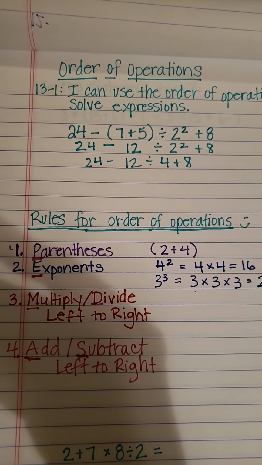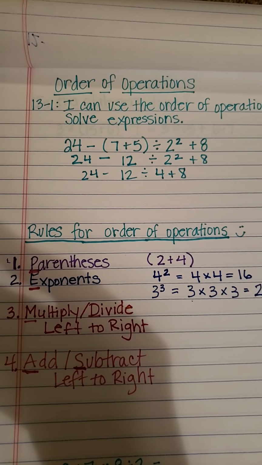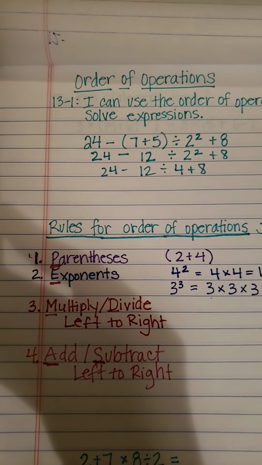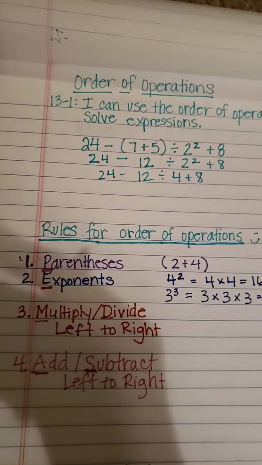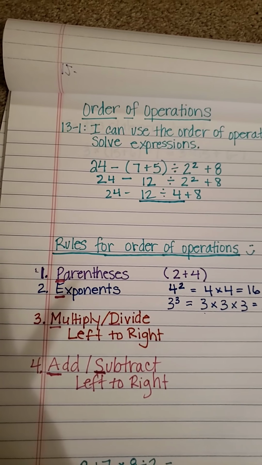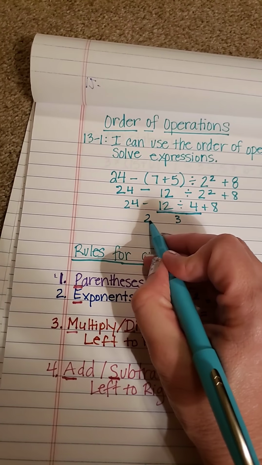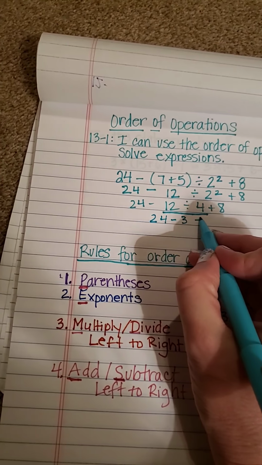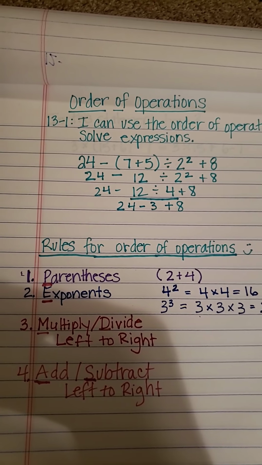I think a lot of people's common thought would be to take the 24 minus 12 and get 12. But look, we have to multiply or divide first. Right here, we have a division problem. We have to do that first. 12 divided by 4 is 3. And then I'm writing the rest of the problem. I'm keeping the 24 minus 3 plus 8.